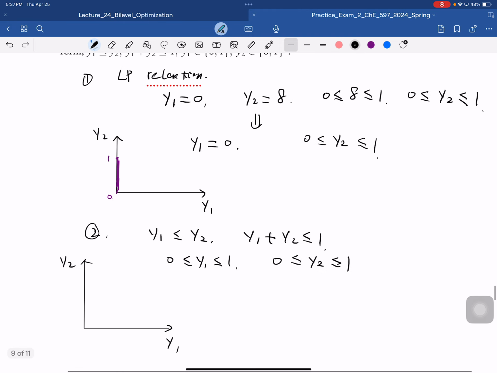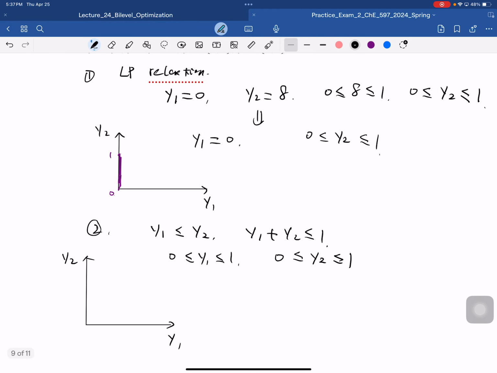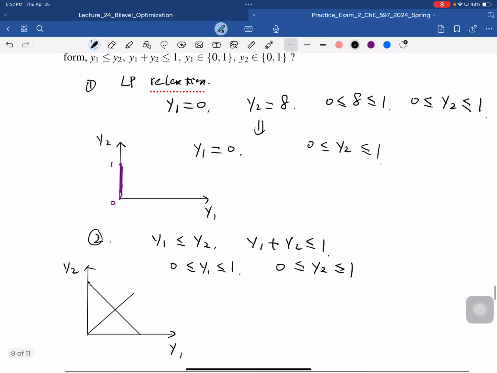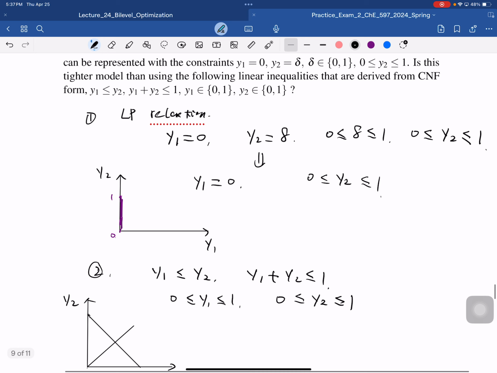Okay, I think I may have made the problem wrong. Then y1 plus y2 less than or equal to 1, and both are between 0 and 1. I think I made a typo in the problem.